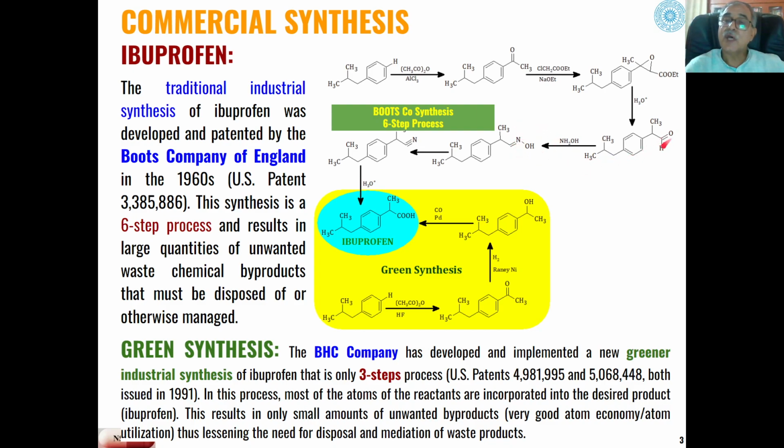So the oxime of this aldehyde is formed, and then this oxime is oxidized to the nitrile derivative through oxidizing agents, and then hydrolysis of this cyanide converts it into carboxylic acid to give us ibuprofen as the product. So this is how, in a simple six-step process, butyl benzene is converted into ibuprofen.